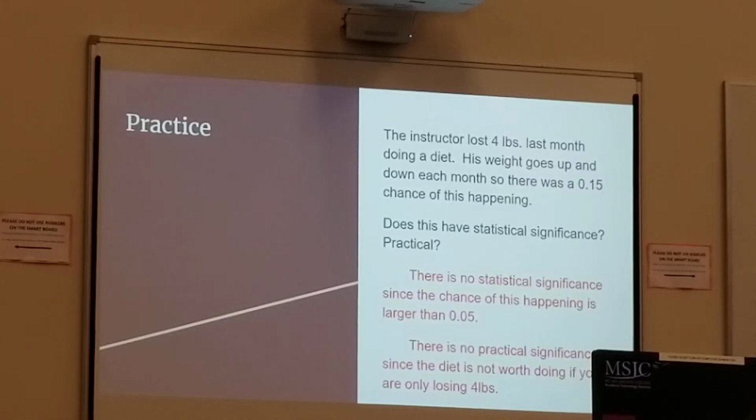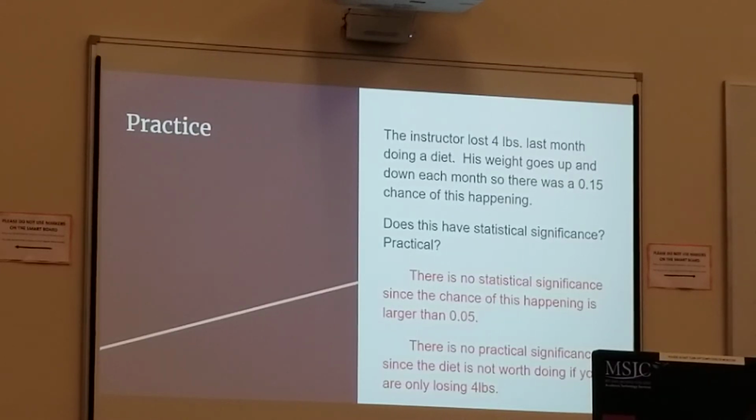Oh, no, it's and. But for the practical portion of it, is that more or less based off your viewpoint? Let's say I think 4 pounds is a lot for a month, rather than maybe someone else lost 8 pounds. So comparing those two numbers, would the 4 pounds be practically significant?